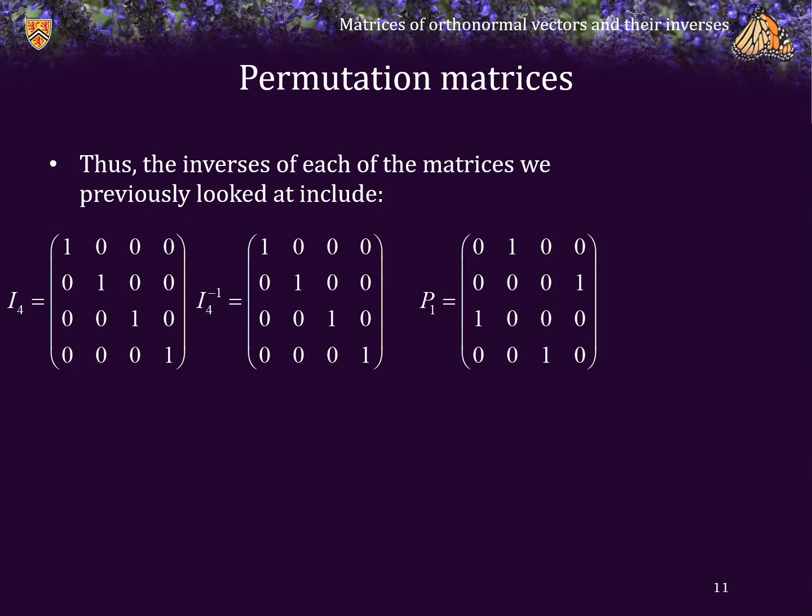Here's the matrix P1. Well, in this case, (1,2) is 1, so therefore, in the inverse, (2,1) must be 1.